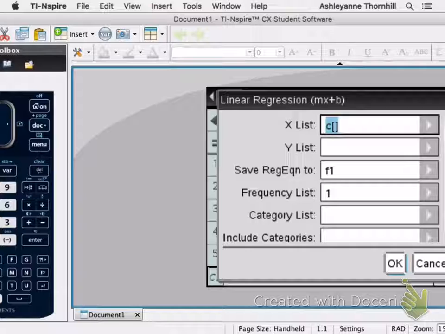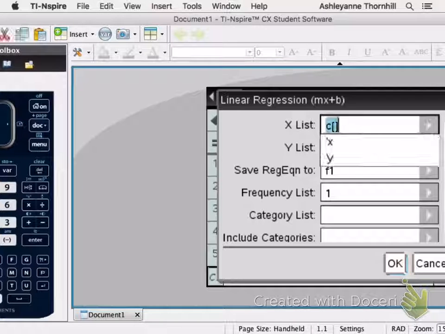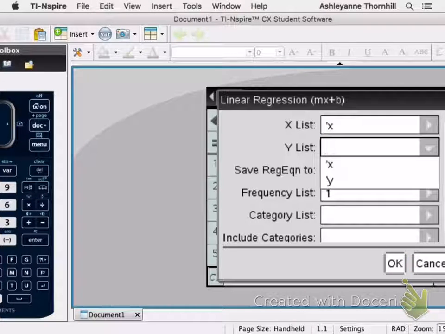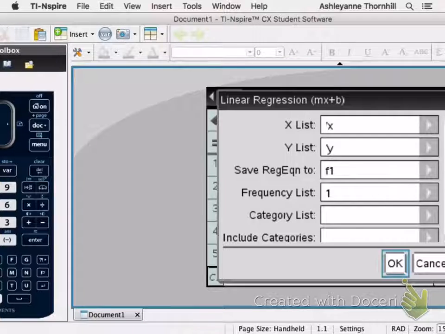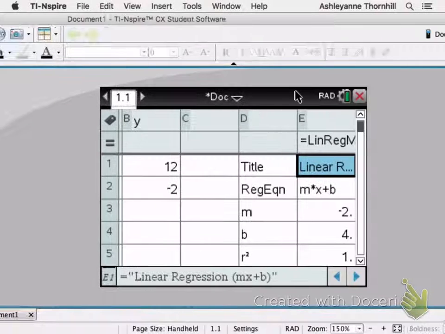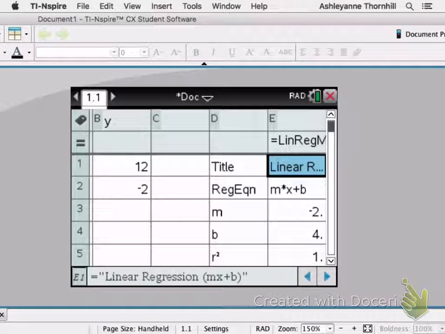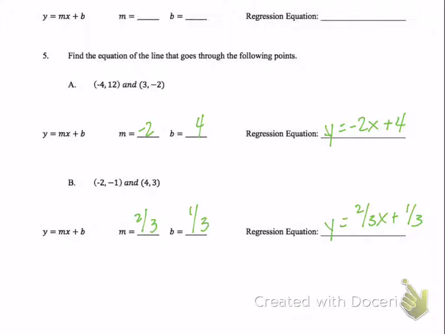I think yours is probably already pulled up. If it's already there on the side, it just edits it for you. You don't have to keep doing menu 4, 1, 3. And then you should get negative 2 and 4. So whenever you are plugging these in, these are the answers you should get for 5A and B.